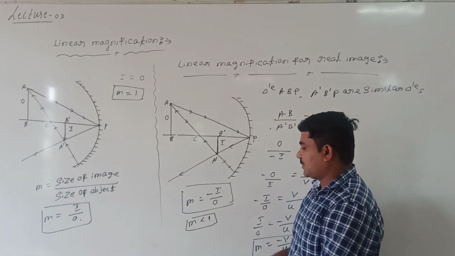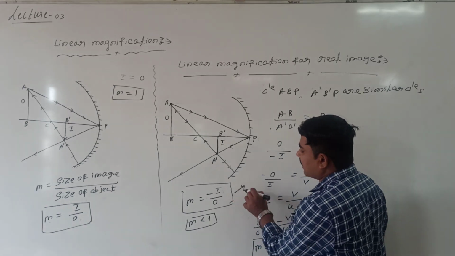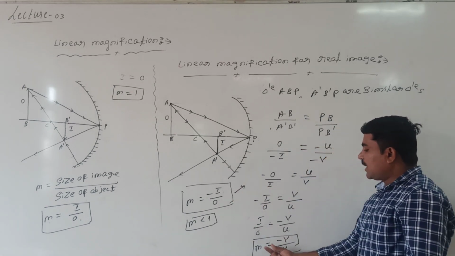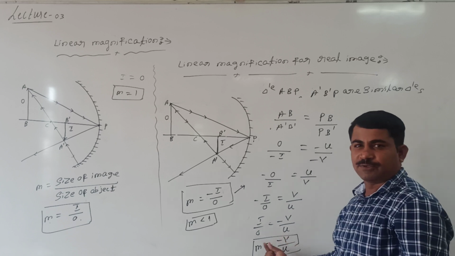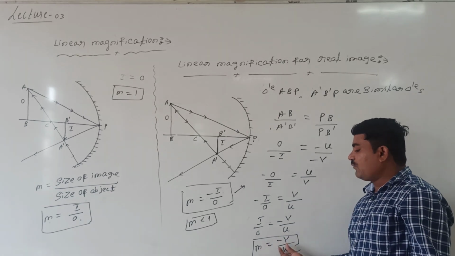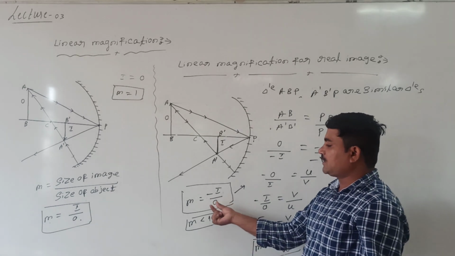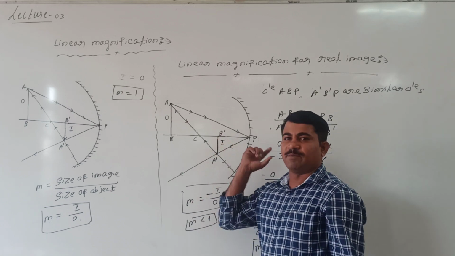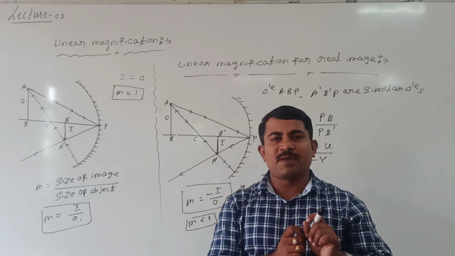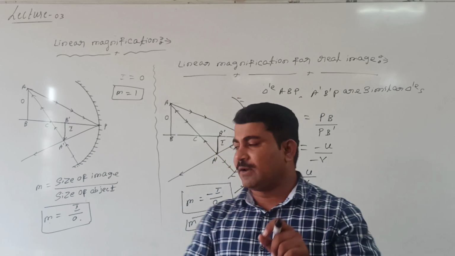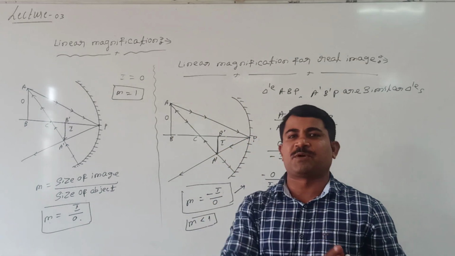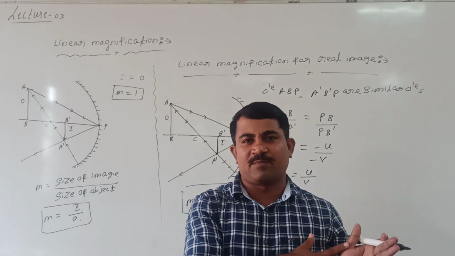So for a real image, linear magnification is a negative value. Don't confuse this: minus V divided by U is the general formula for linear magnification, and this is linear magnification for a real image. For a concave mirror, this linear magnification is negative.